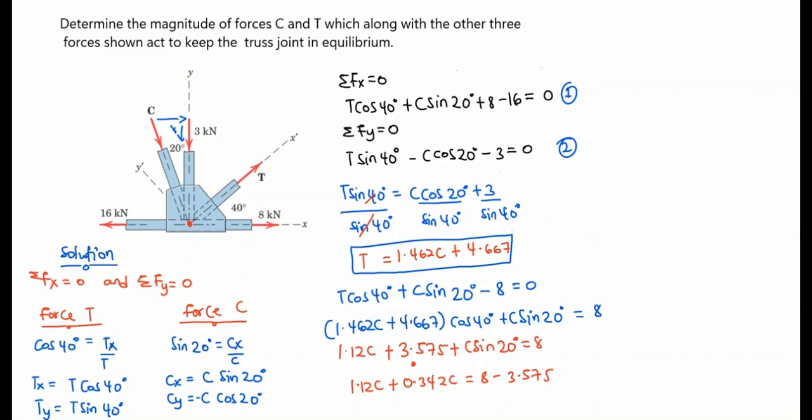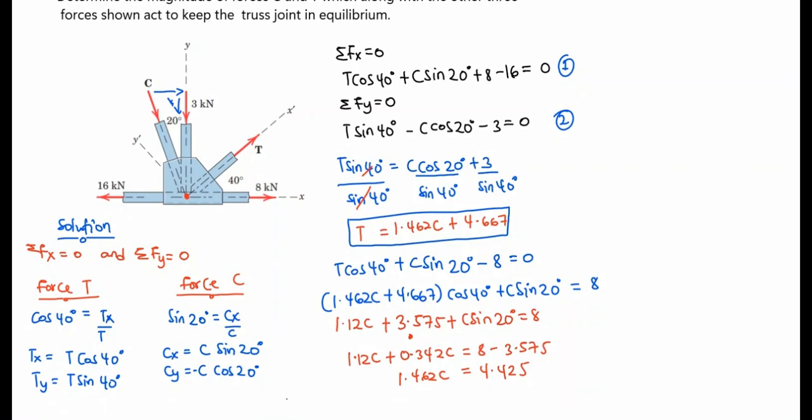Further simplification: 1.12C plus 0.342C gives 1.462C, which is equal to 8 minus 3.575, giving 4.425. Let's divide both sides by 1.462.